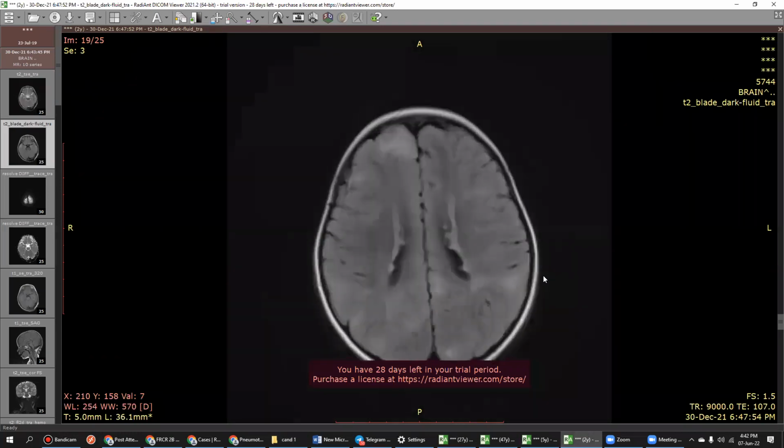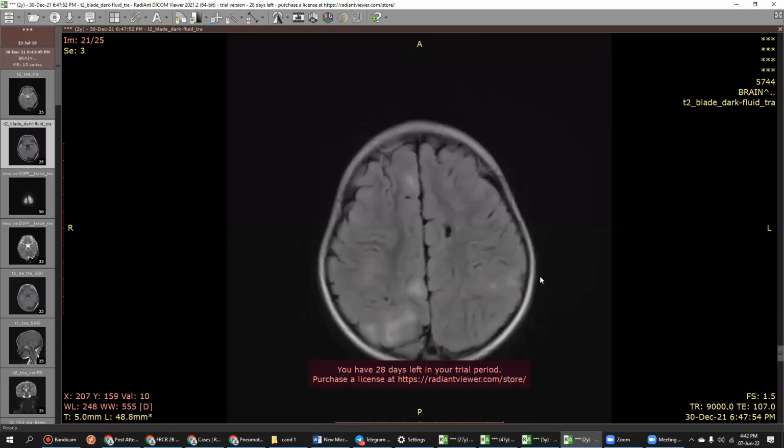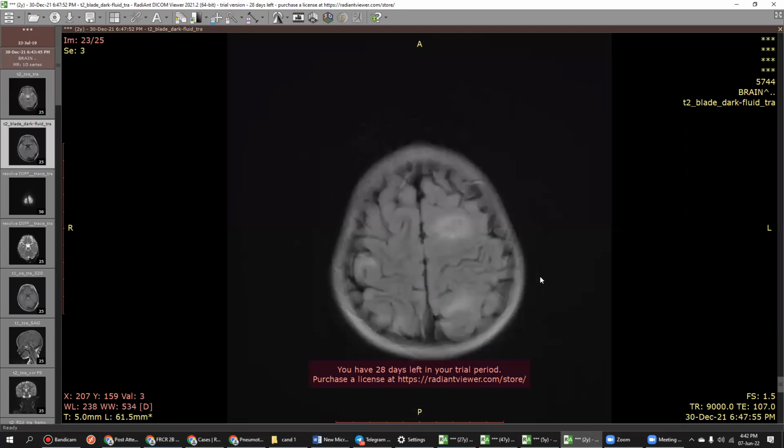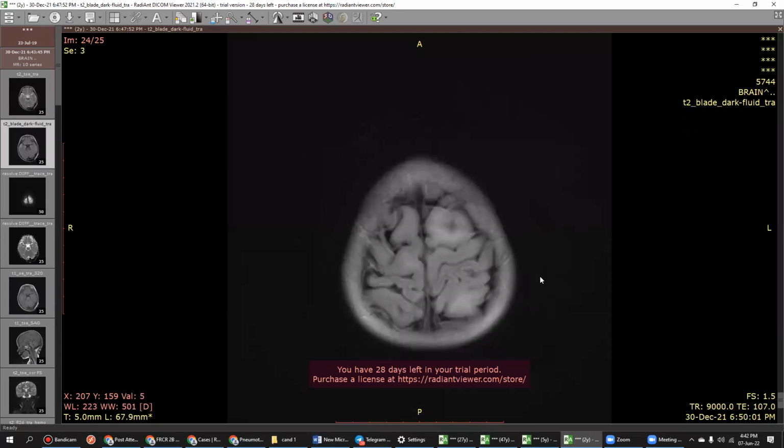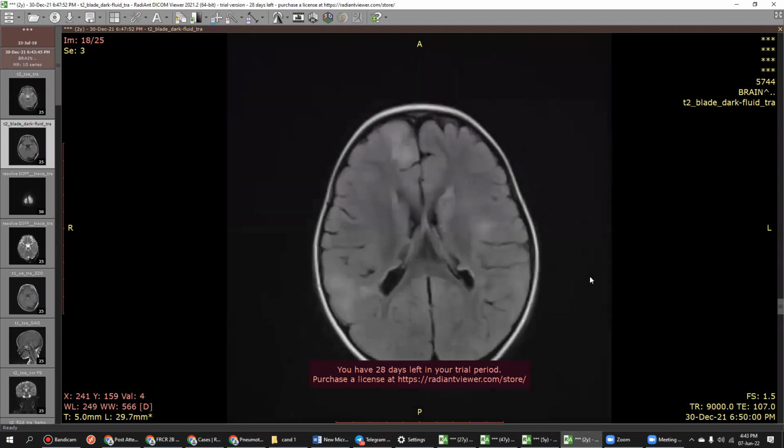Yeah, so these are the FLAIR images which confirm my findings of T2 FLAIR hyperintense foci, which are scattered throughout the brain parenchyma in the cortical and subcortical white matter regions, and some subependymal T2 foci as well. So these findings are consistent with possible subependymal hematomas and subependymal and cortical tubers, and my top differential would be tuberous sclerosis.